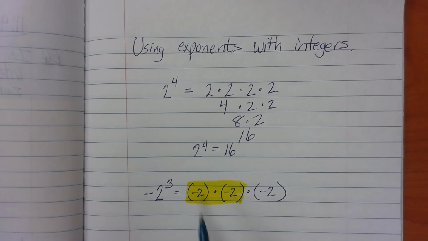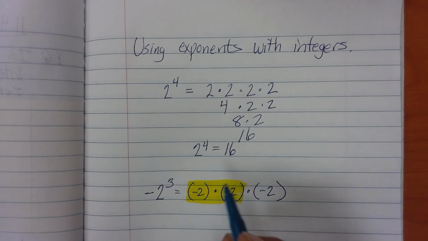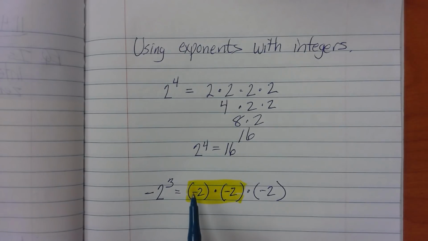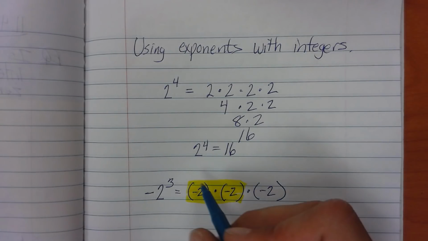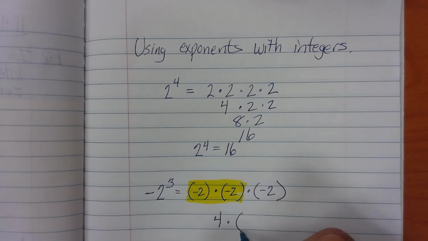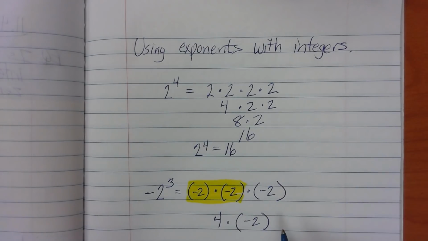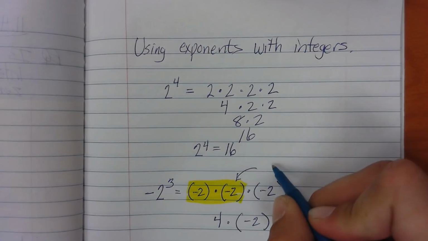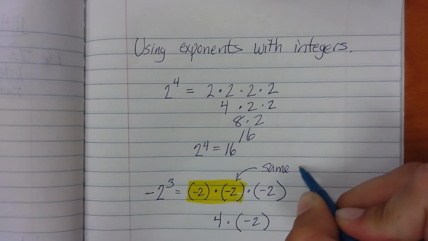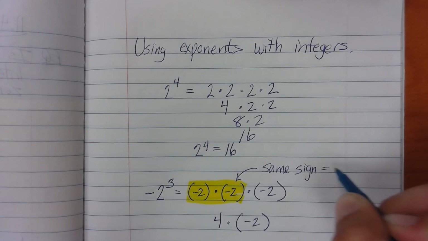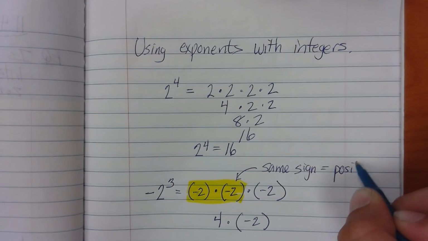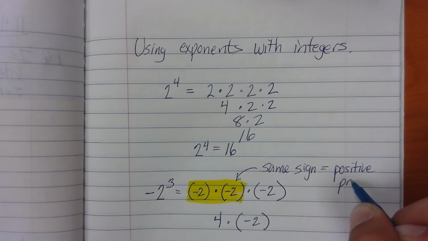So they're the same sign, so I know that's going to be positive. So it is a positive 4 times negative 2. So then I have 4 times negative 2. And I'm just going to put a little arrow, same sign, equals positive product. A little reminder.